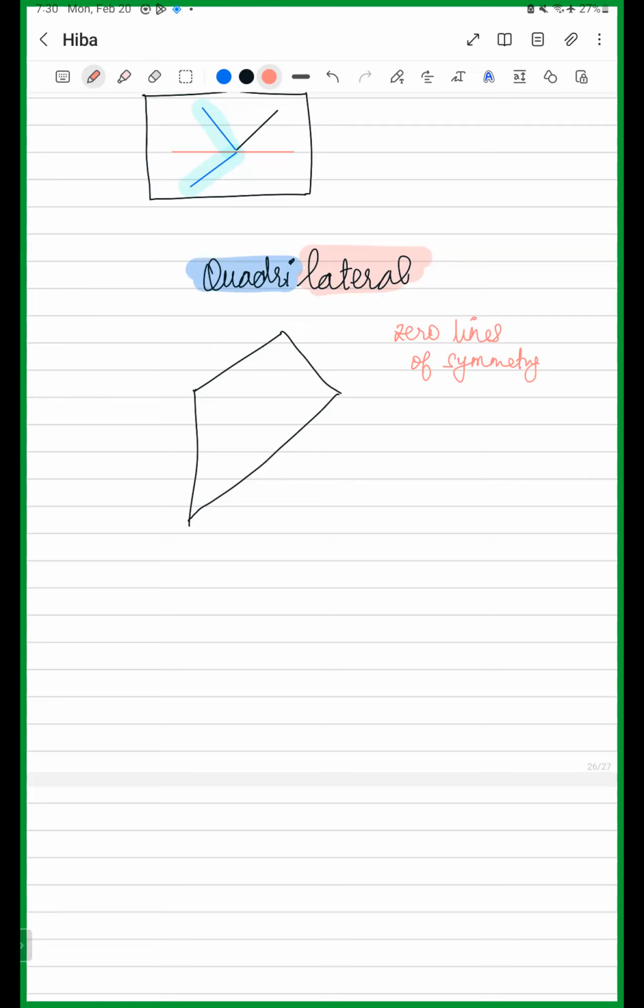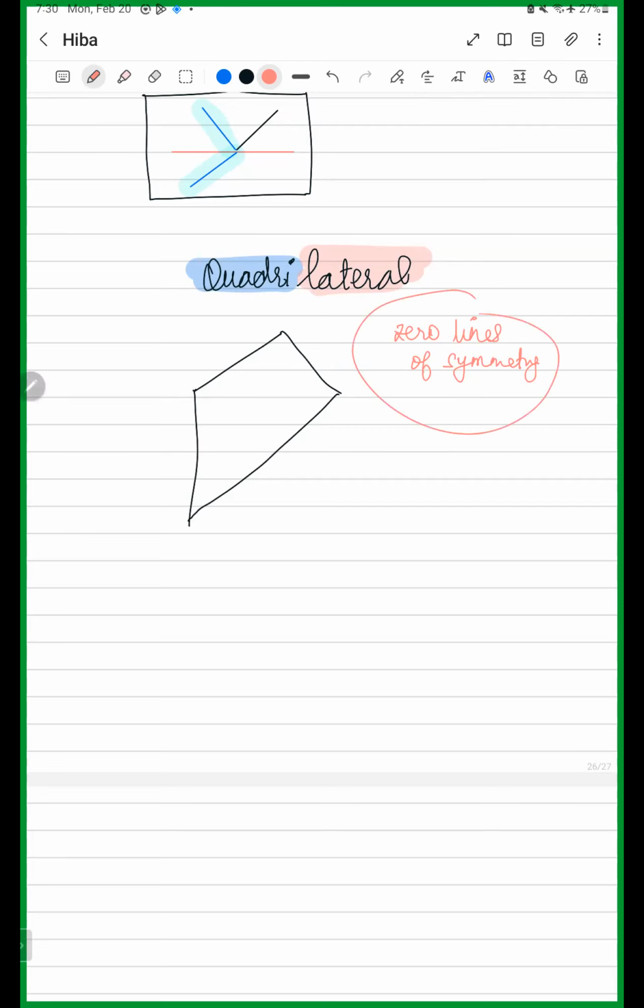It has no lines of symmetry. Yeah, very good. It has no lines of symmetry.